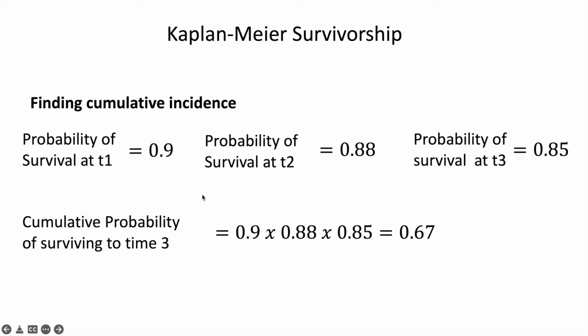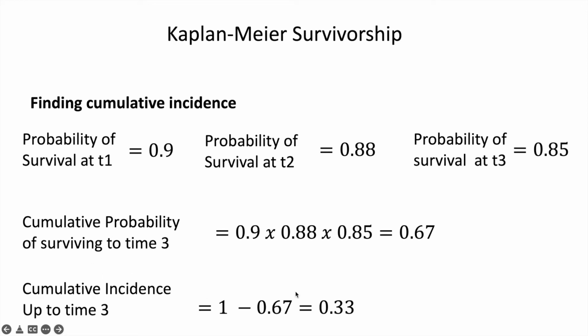So because we are able to do that, we're able to find a cumulative probability of surviving up to time 3 of 0.67. And you'll note that since each of these is less than 1, the more time points we have, the smaller the probability of survival will become. And the complement of this cumulative probability of survival is the cumulative incidence. So that's how we're able to find that with Kaplan-Meier.